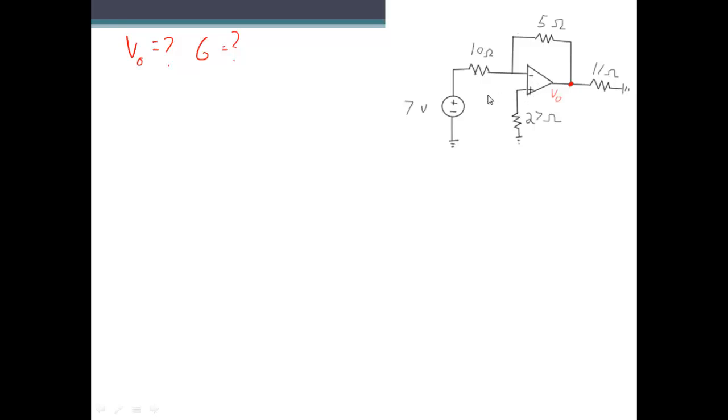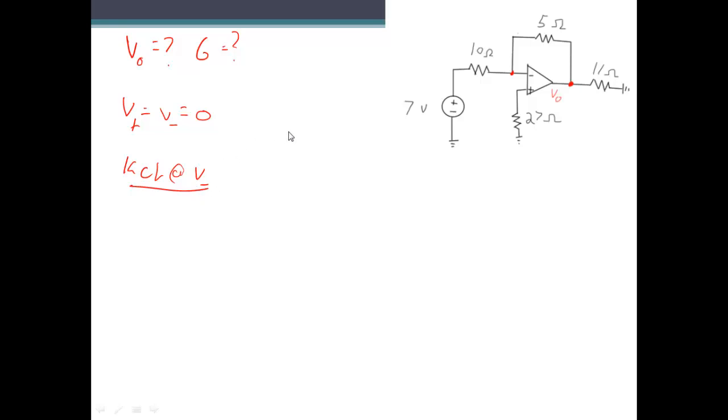So if we know that V plus is equal to 0 volts, that means that V minus also equals 0 volts. Our next step would be to use KCL right here at this node, at the V minus area. So KCL at V minus.